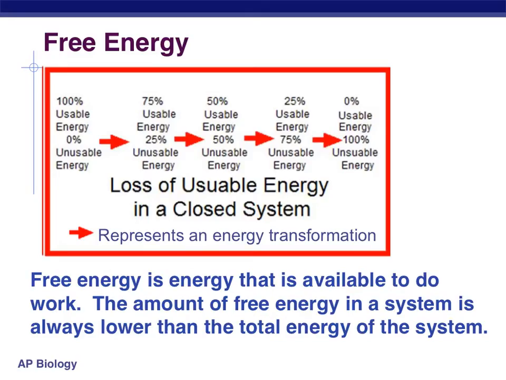Another thing we have to consider when we start talking about thermodynamics is free energy. So your free energy is the energy that's available to do work. If you're working in a closed system, one that isn't constantly being resupplied with energy, your total amount of energy is going to be your free energy or your usable energy plus your unusable energy.